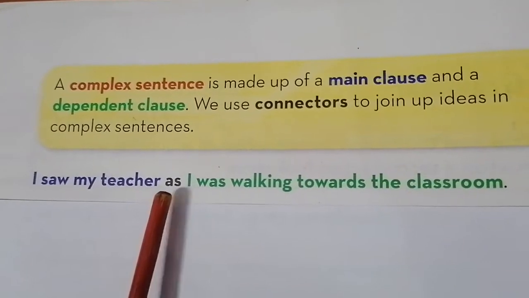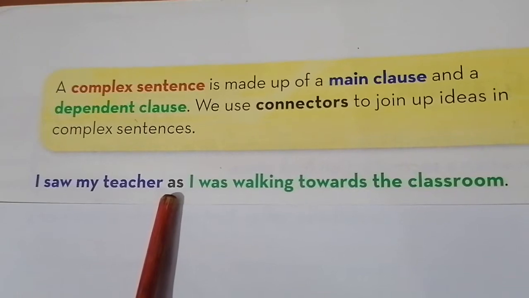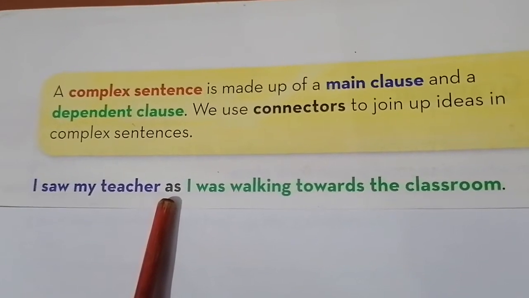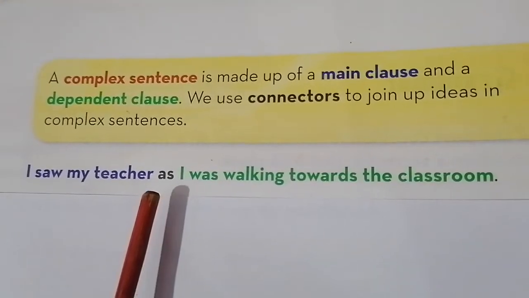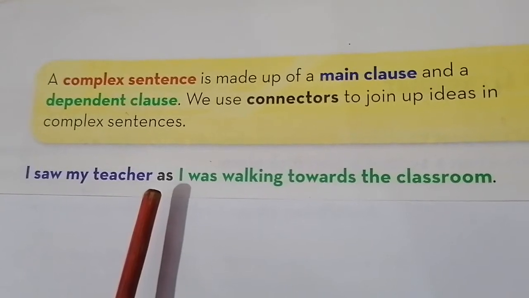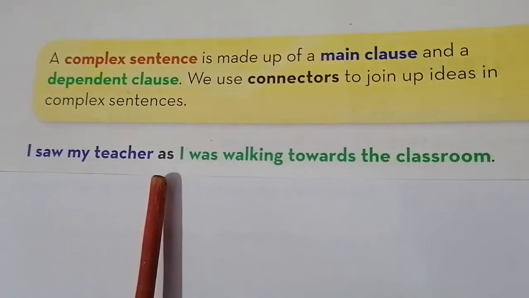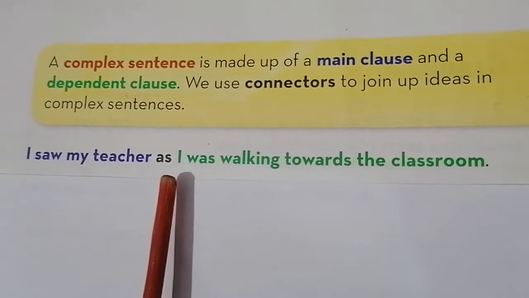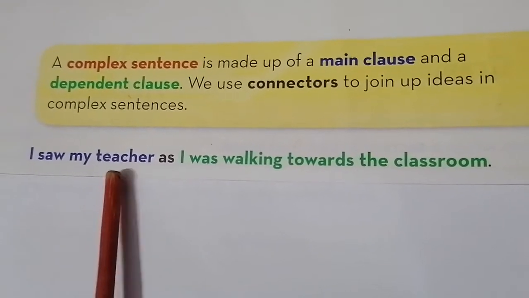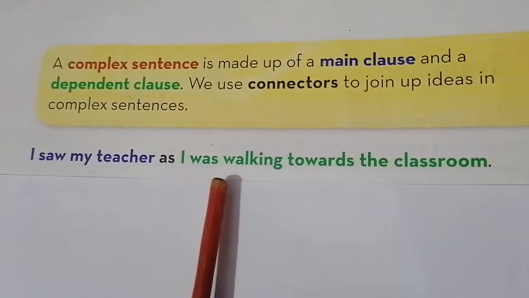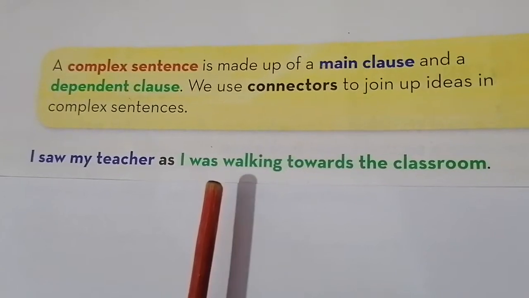Look at the black word, as. As is a connector because it joins the main clause and the dependent clause.